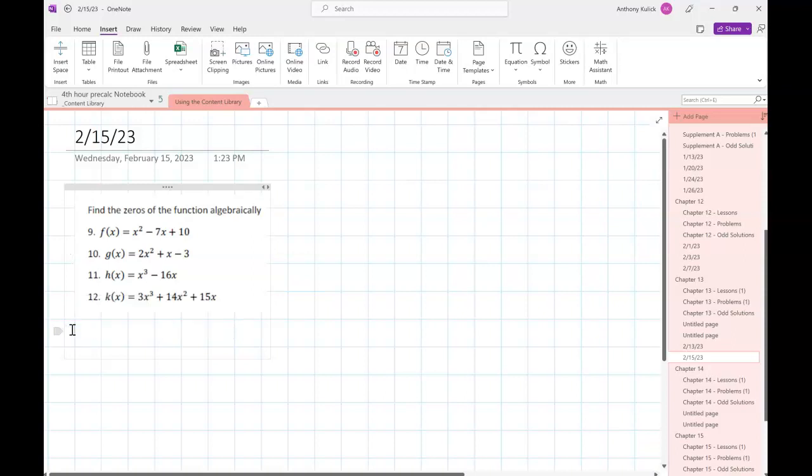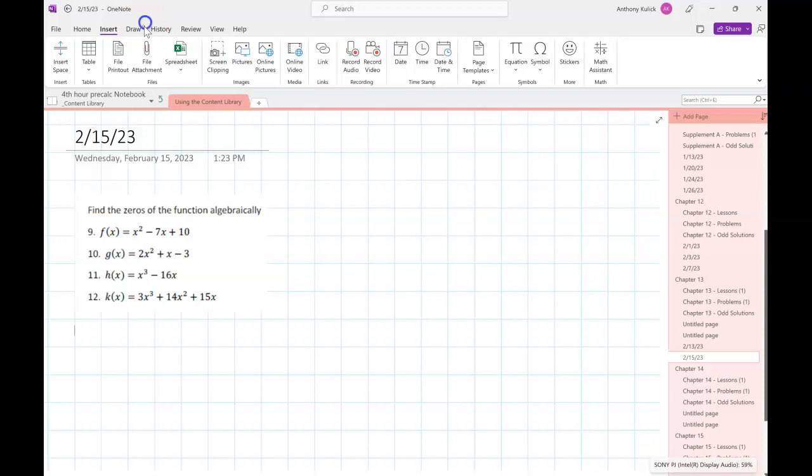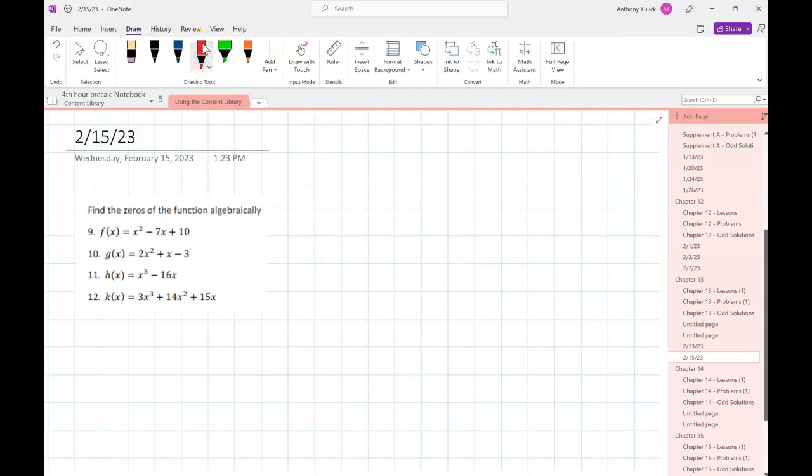Okay, so it says to find the zeros algebraically. So what do we start by doing? Set it equal to 0. Yep. Okay. The next thing we'd want to do is greatest common factor of x.